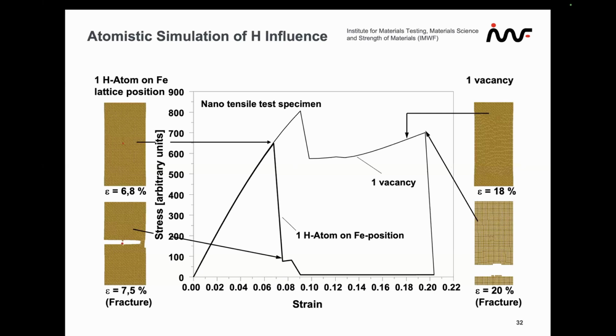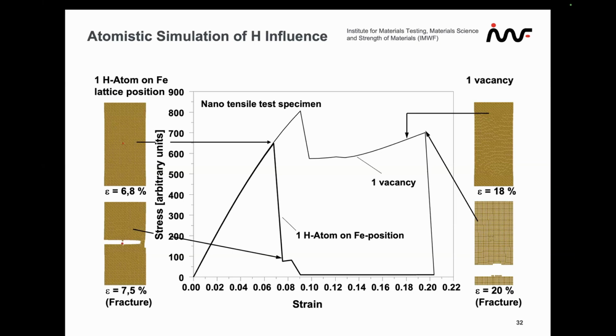Now let me come to one point, because hydrogen is nowadays in everybody's mouth, because hydrogen technology will be something more and more important for our future. Here we have put one hydrogen atom into an atomistic model with iron, and have applied external tensile loading.